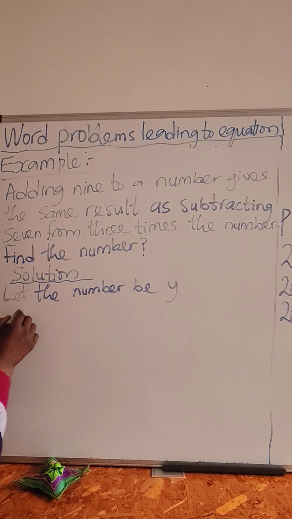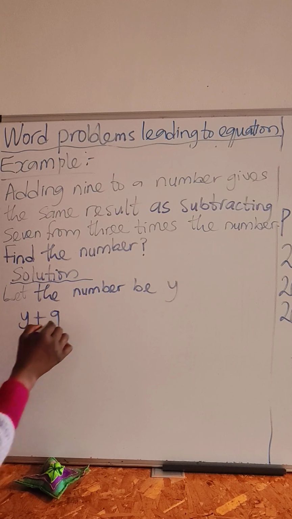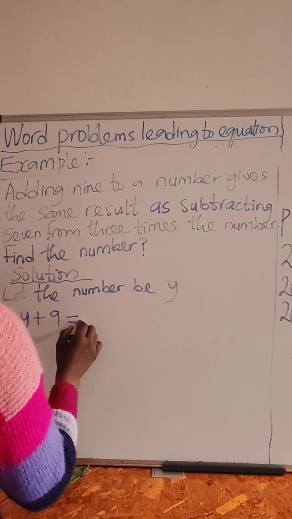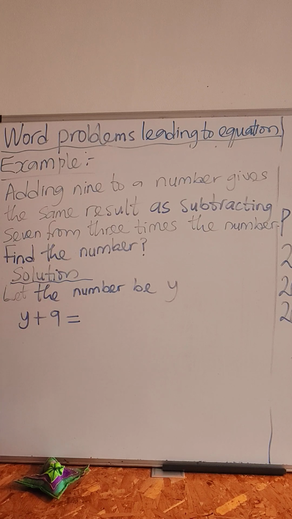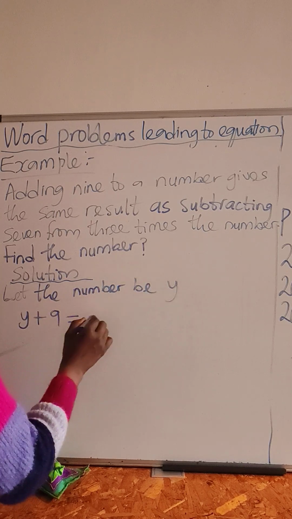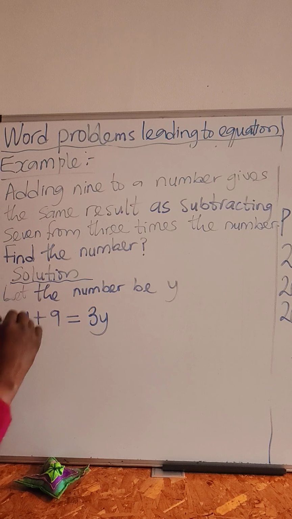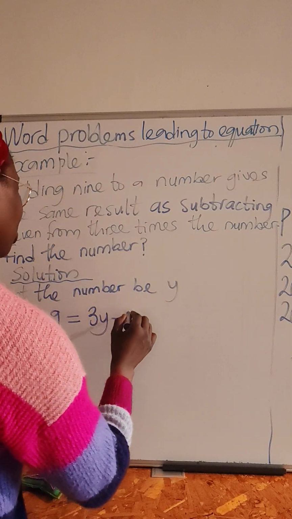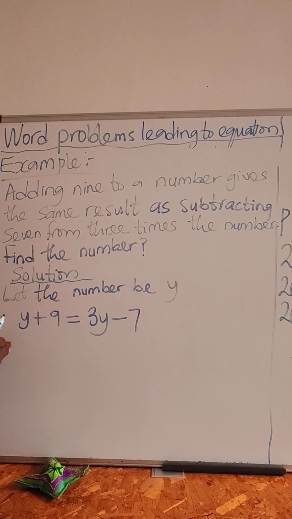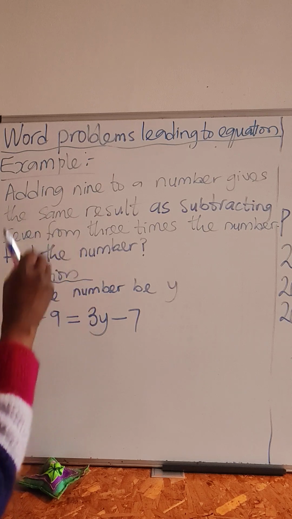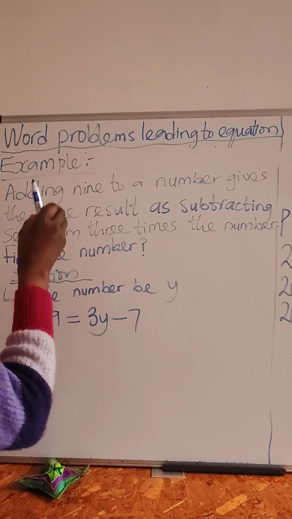So adding 9 to y gives the same result as subtracting 7 from 3 times the number. 3 times y is 3y. So subtracting 7 from 3 times y, subtracting 7. So adding 9 to y gives the same result as subtracting 7 from 3 times y.